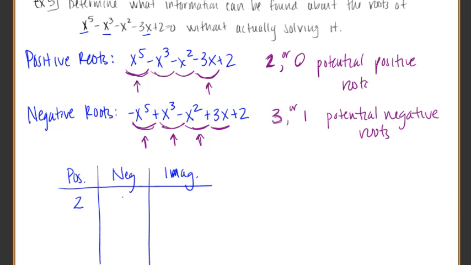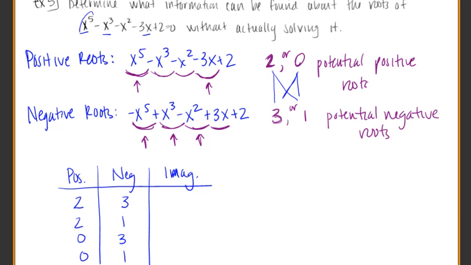I could have 2 positives, 3 negatives. I could have 2 positives, 1 negative. So matching up 2 to 3, 2 to 1. Or I can have my 0 positives with 3 negatives, 0 positive with 1 negative. Okay, so 2 matches to 3 and 1, and then 0 matches to 3 and 1. Just kind of comparing those.